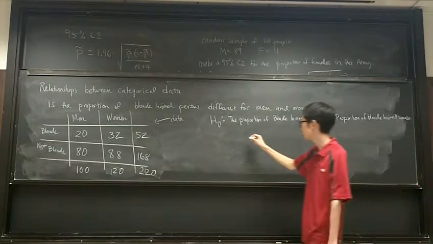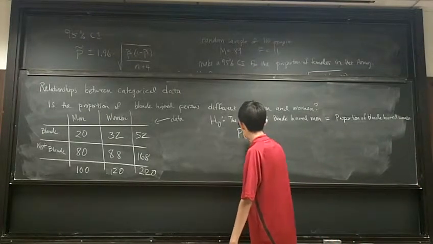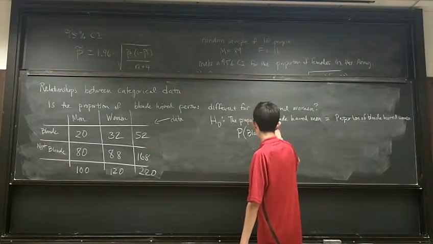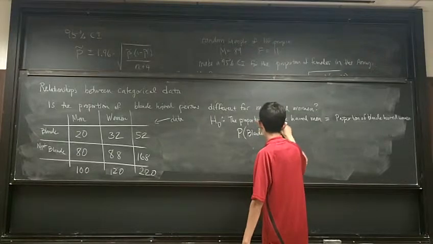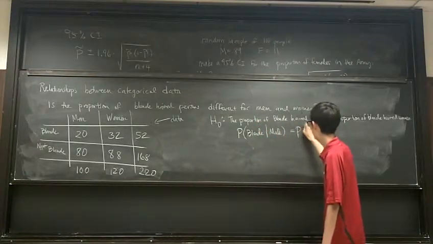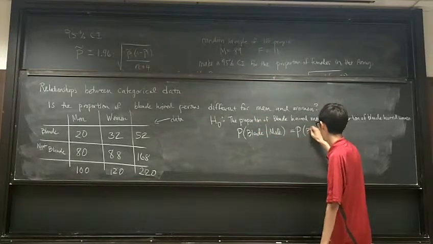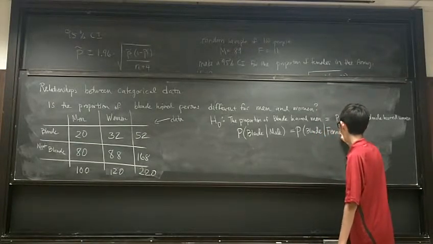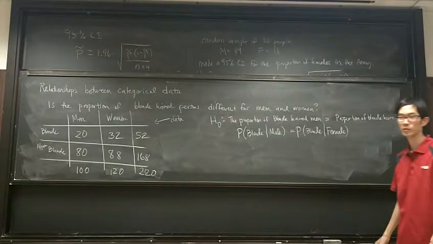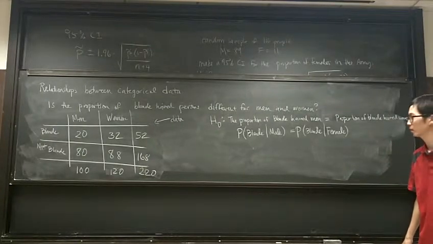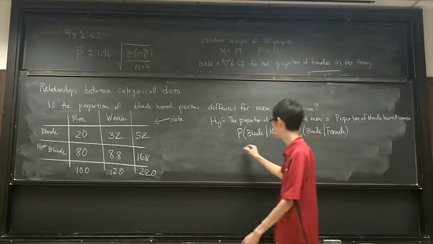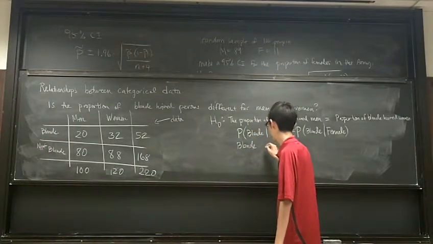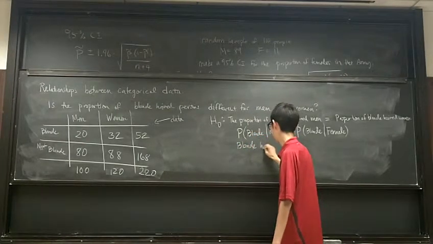Okay, or symbolically, the probability of being blonde given male is equal to the probability of being blonde given female.